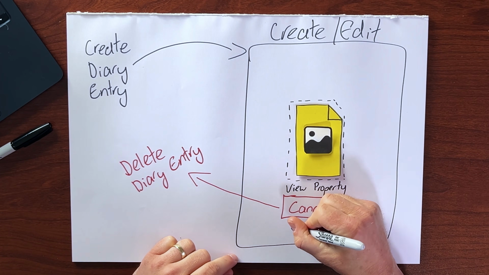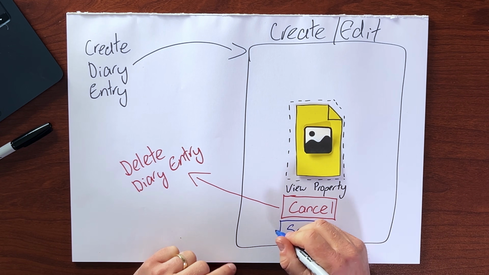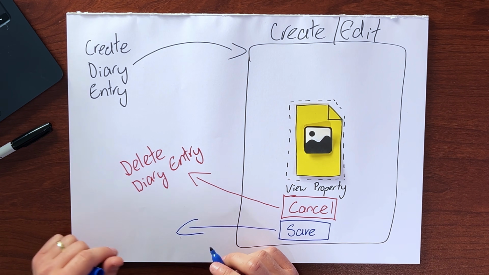Now, we don't strictly have to do this step, but it does just help not clog up our user's interface with a bunch of diary entries that they started to create and then didn't finish. But we'll discuss the pros and cons of doing this. And then the other action that we're going to allow the user to take is to save a diary entry.